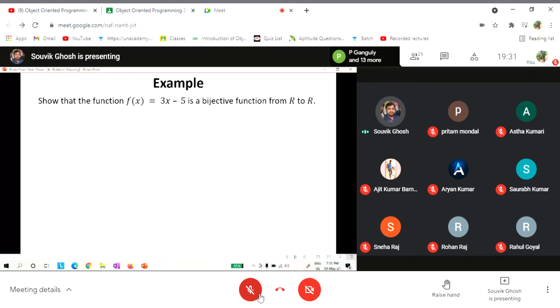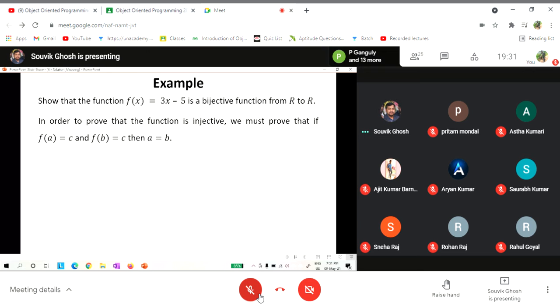So at first we have to show that this is an injective function. What do we do when we show that it is injective? We pick two different elements from the domain, and we assume that these two elements are mapped to the same element in the codomain.